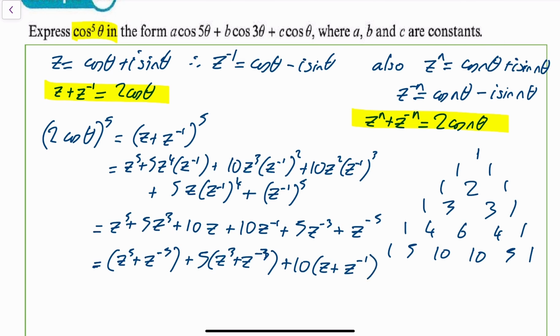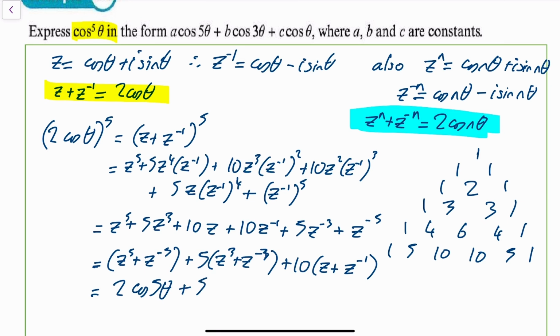Now, look at what these will be. Going back up here to this wee identity, I'll do it in blue this time. This identity says z to the power of n plus z to the minus n is equal to 2 cos n theta. So z to the power of 5 plus z to the power of minus 5 will be 2 times cos of 5 theta.